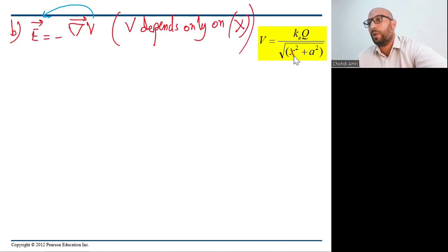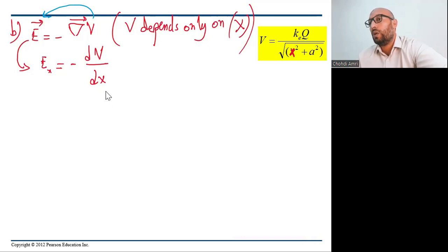We have just one variable. All the other terms are constant. Only the variable is x. So this expression becomes the x component of the electric field is minus dV over dx.